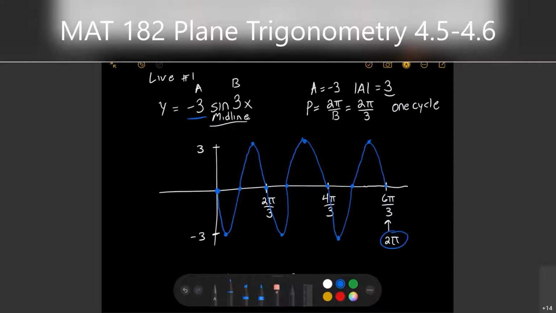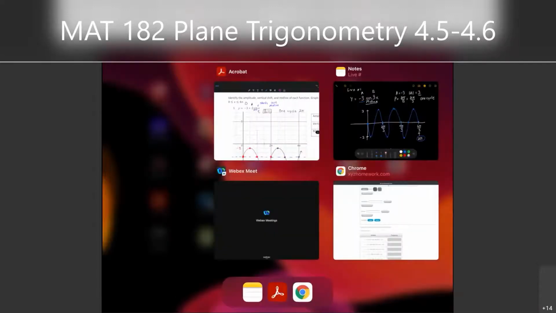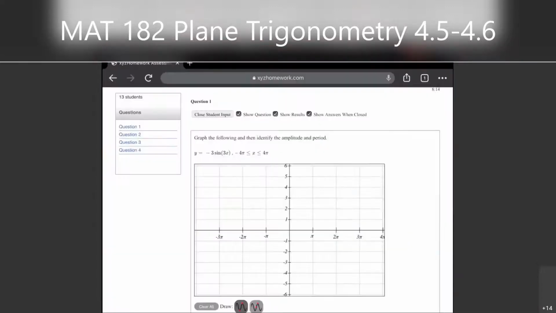Could we somehow verify this on our calculators? Can you hear me? Yeah, I'm going to the graph right now. Is that your question? Yeah, I was wondering how can we verify it on a calculator, on the TI-84 graphing calculator?